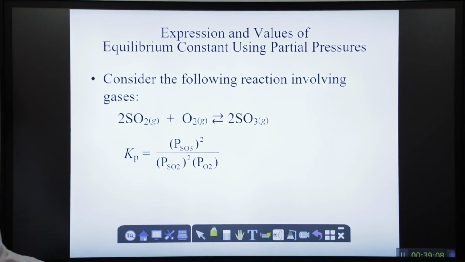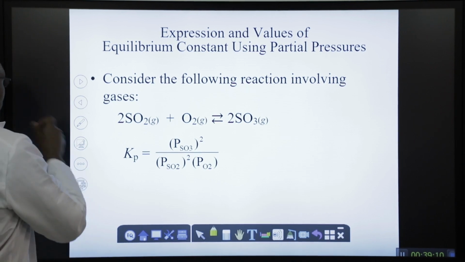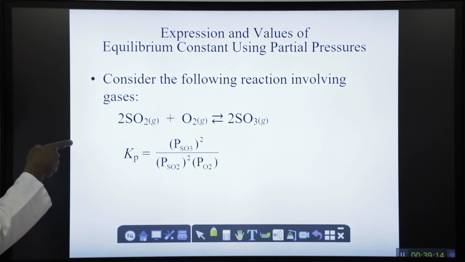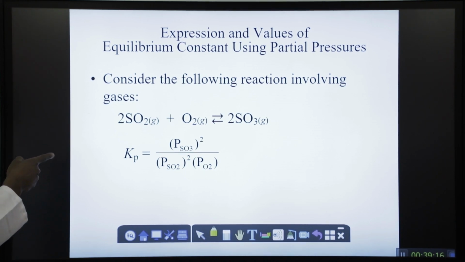And it gives you the equilibrium expression. You are expected to know how to make intelligent representations of the correct equilibrium expression by considering the nature of your materials, whether they are solids, liquids, or gases.